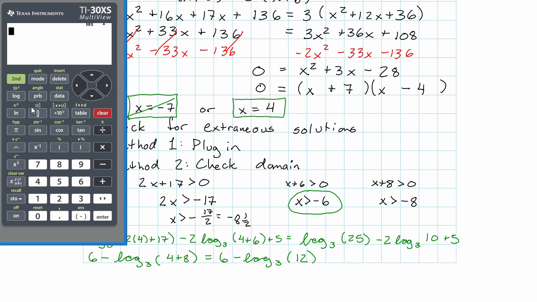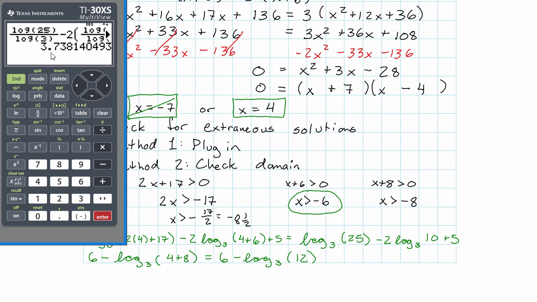Our left-hand side, we have the log base 3 of 25. That's log of 25 over log of 3 minus 2 times the log base 3 of 10. That's log of 10 over the log of 3 plus 5.